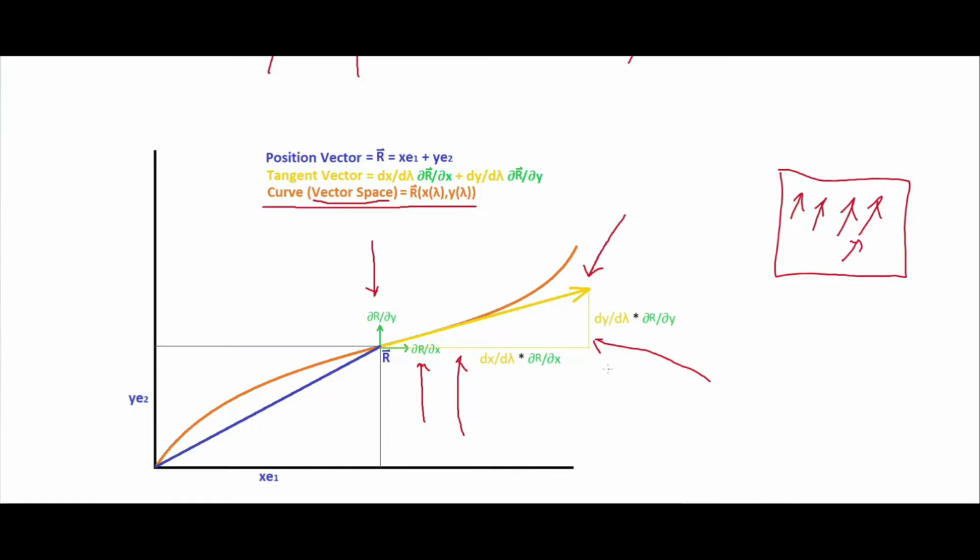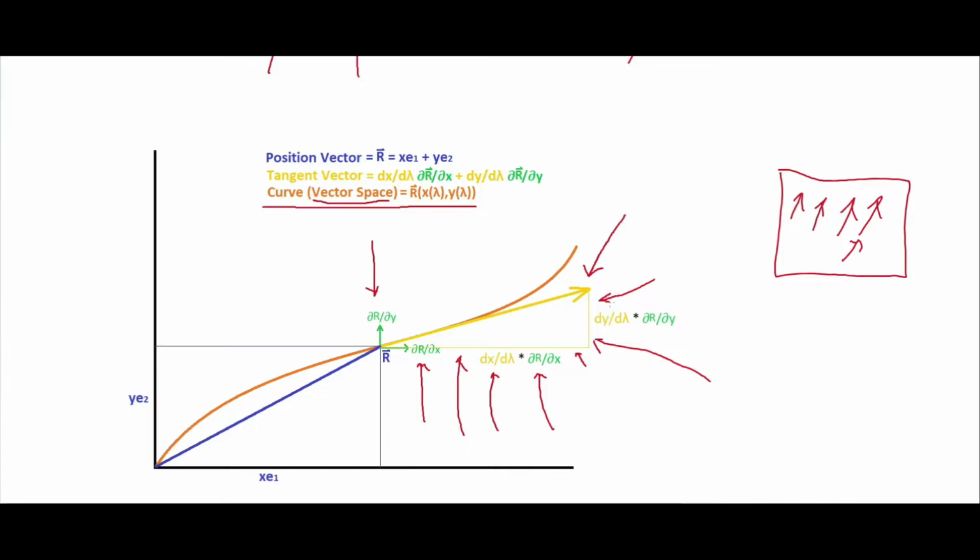And so that is how we can think of the partial r, partial x as the basis vector, then this dx d lambda as a component to that vector, because we have this yellow line right here, which is sort of the x part of our tangent vector, and then we have this yellow line as the y part of our tangent vector.